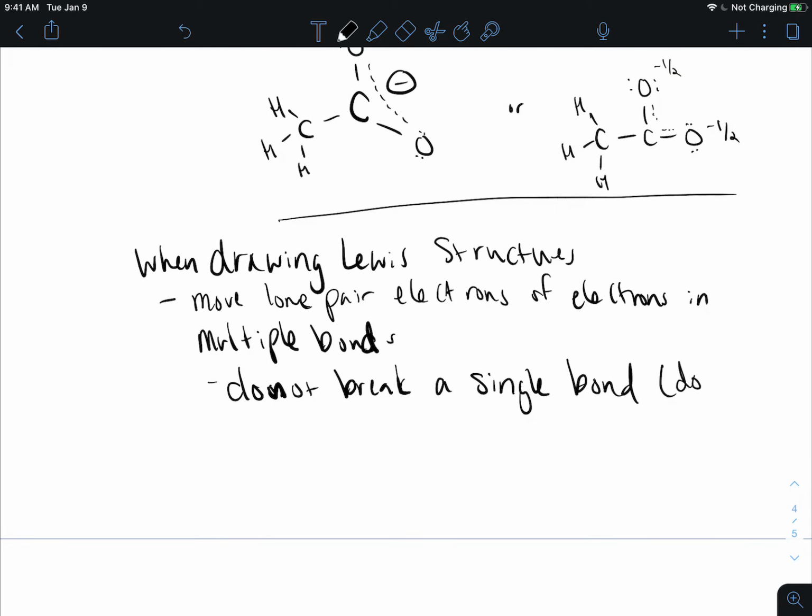So do not move single bond electrons. Only electrons that are in double bonds, so one of the pairs of electrons within a double, or two of the pairs of electrons within a triple.